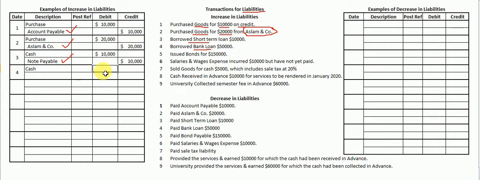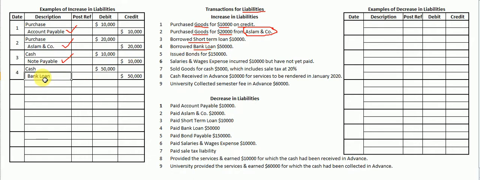That is $50,000. Okay, now you have borrowed from the bank, so bank loan is another type of liability, and usually this is a longer-term liability. So you can say the bank loan account should be credited. How much? $50,000. And this is again an increase in liability. This is an increase in asset, an increase in liability.